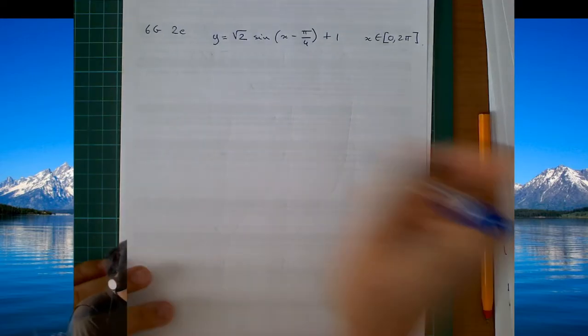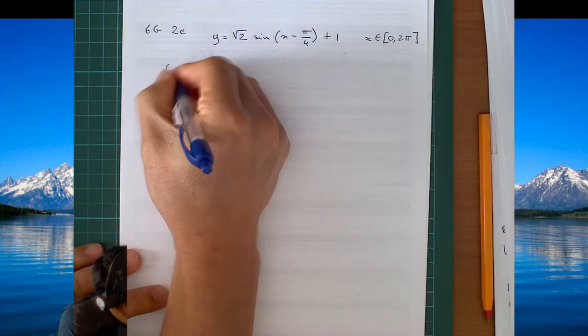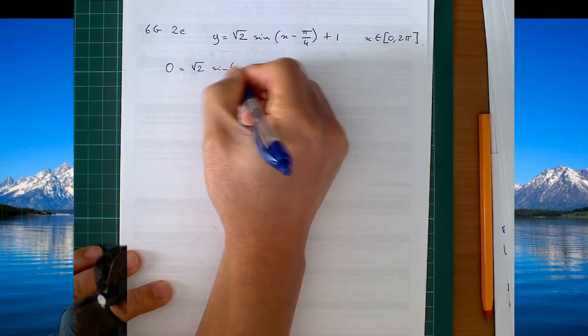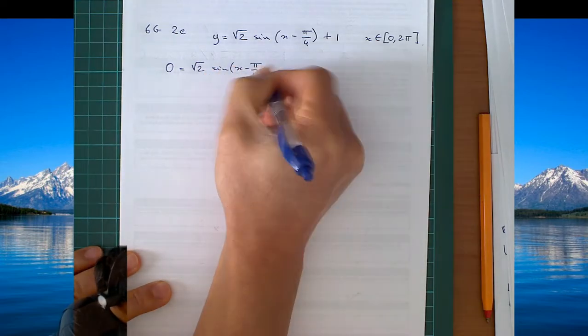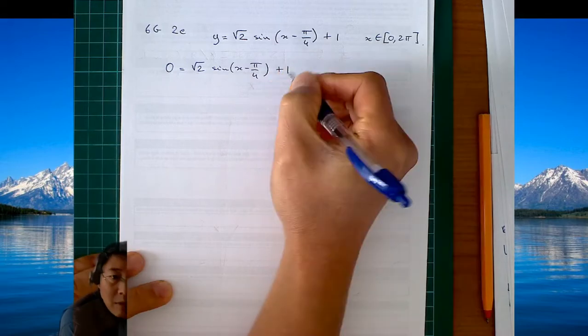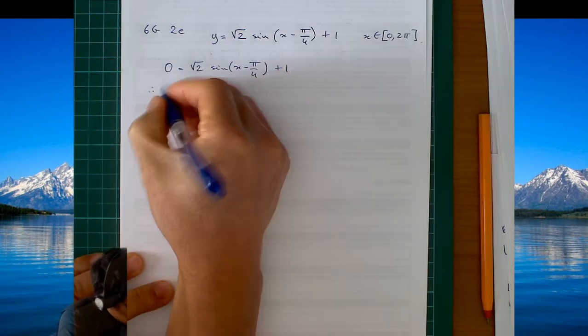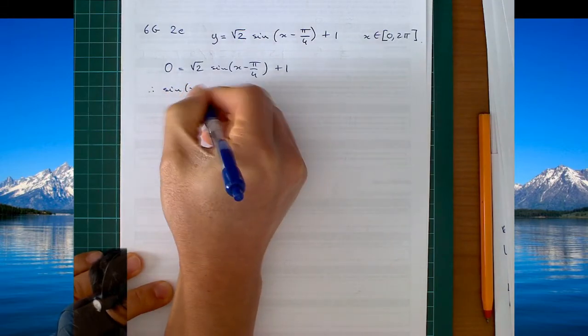Now let's go back to this. So the way you started, you said you make it equal 0. We're looking for the new x-intercepts. So we make sine of x minus pi on 4 the subject.